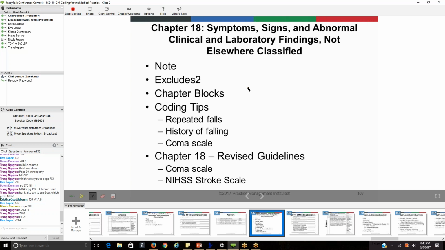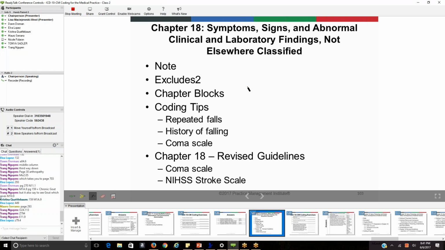It's a very, very specialized type of coding. There may be someone on this call who does code patients in coma, and if so, you would need to know how to code from the coma scale, and be sure you know that.